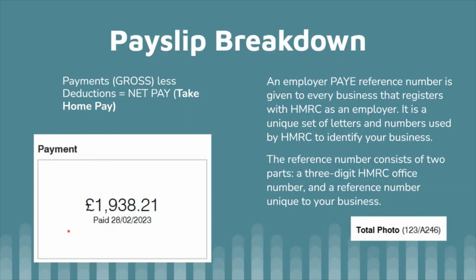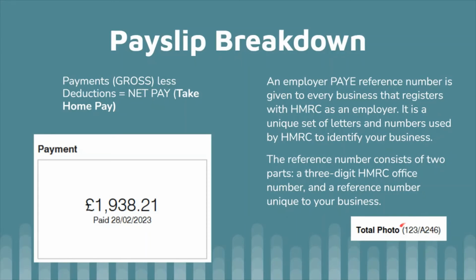And some other information that you might see on a pay slip is the pay-as-you-earn reference number. Every employer has a unique pay-as-you-earn reference number. It's in the format of 3 digits, and then 4 digits, normally a letter followed by 3 numbers.